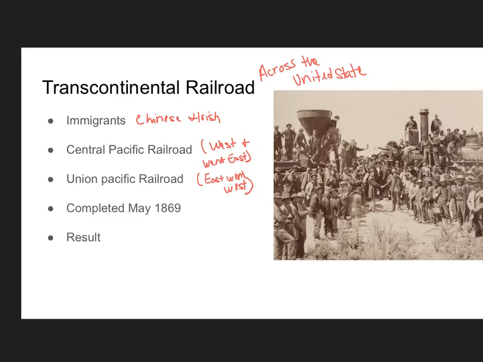And it was finally completed in May of 1869, which is this picture right here. It was completed at what we call Promontory Point, Utah.